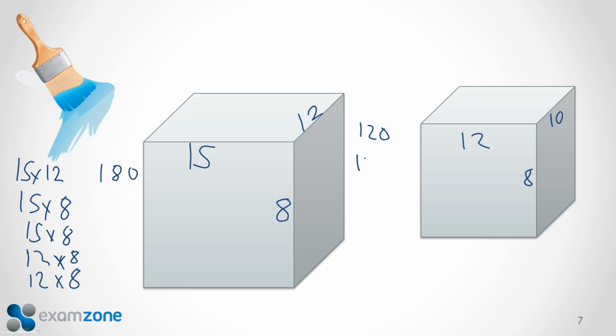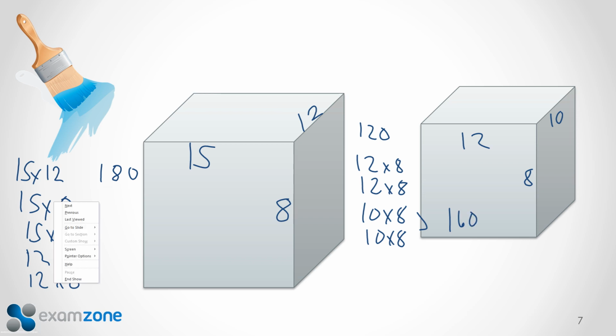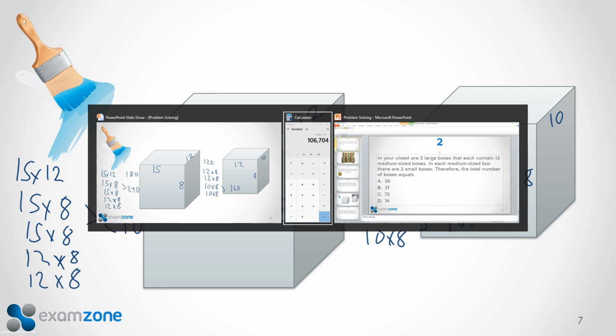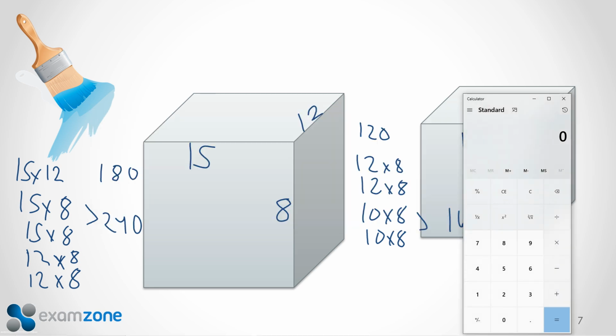And then we have 2 12 by 8 walls and 2 10 by 8. So do some combining, 160. These are 120. Hey, these two become 240.